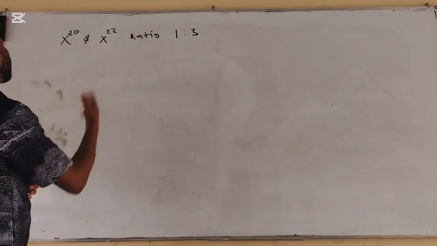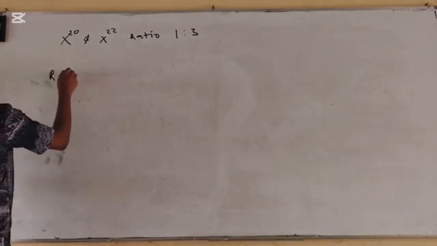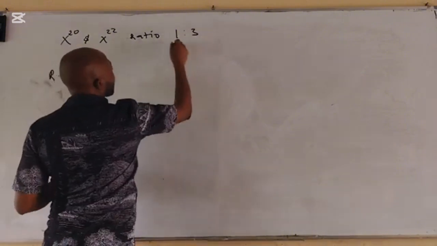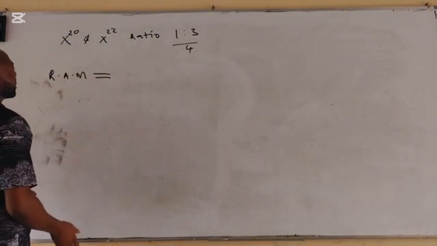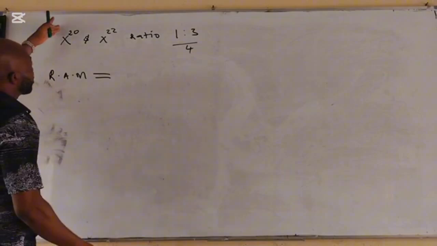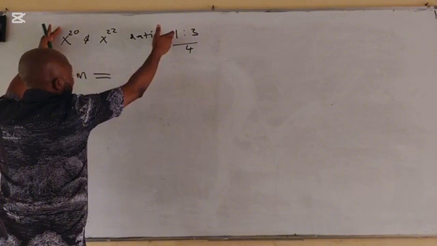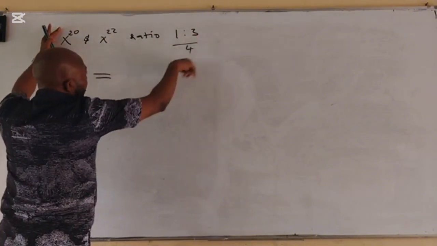So for us to do this, the relative atomic mass would be, the total ratio here is equal to 4. Don't forget that. First is the atomic mass of the first X multiplied by the ratio 1, plus the second multiplied by the ratio 3, divided by the total of the ratio.